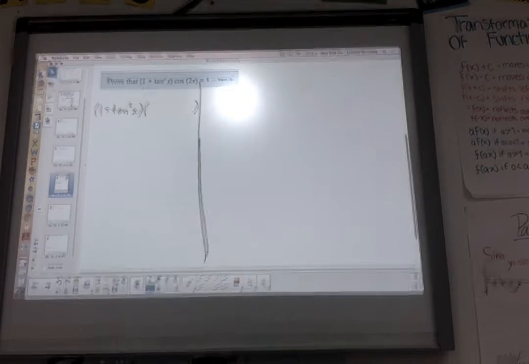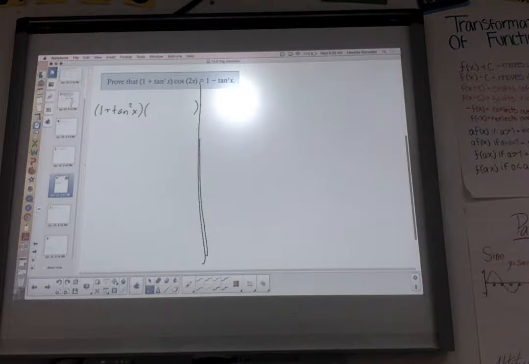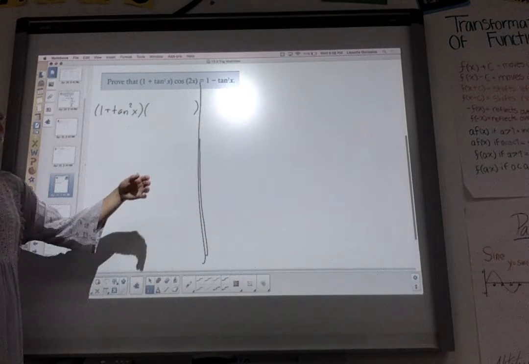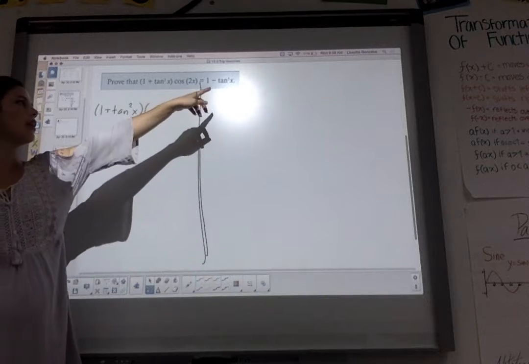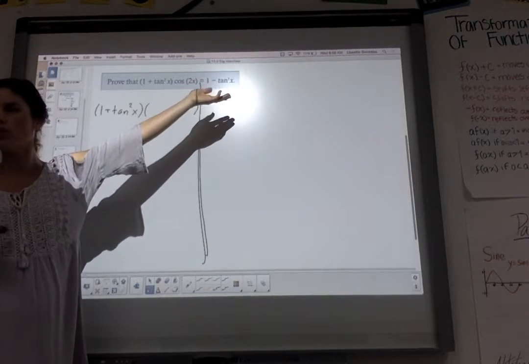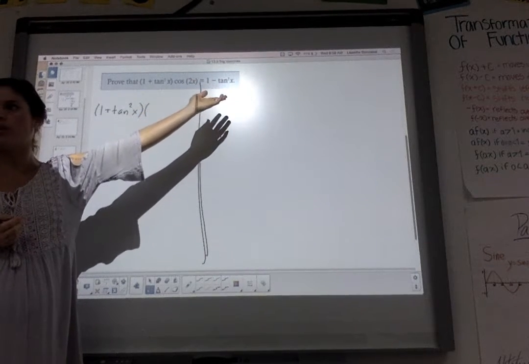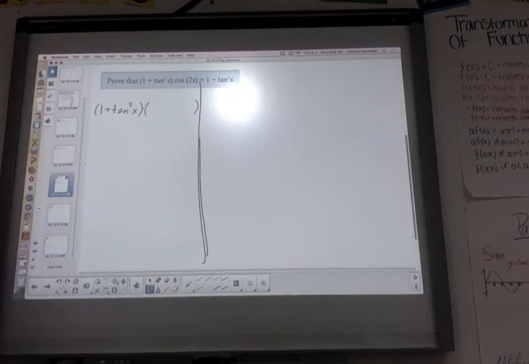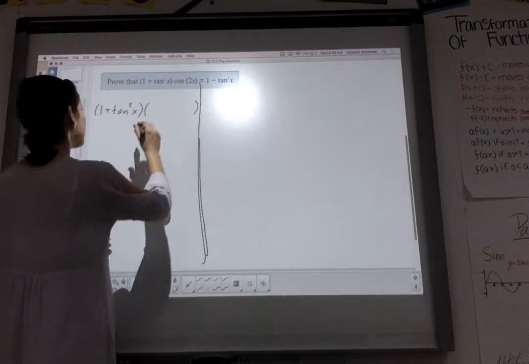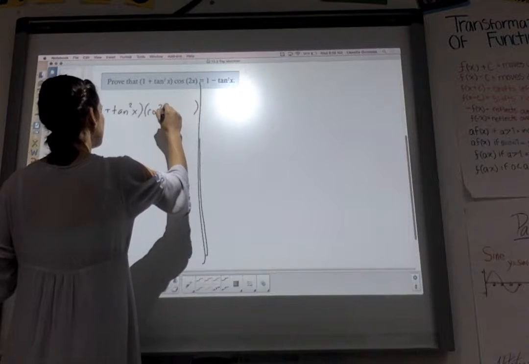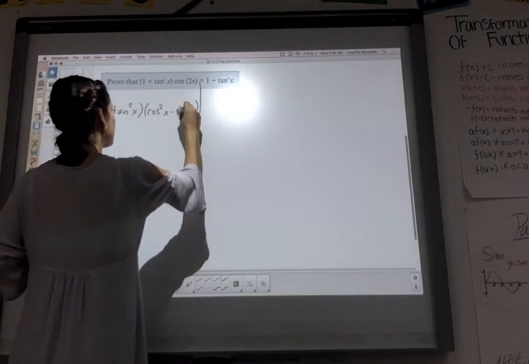A good hint would be to look at what your end goal is. And tan has sine and cosine, right? So cosine squared minus sine squared. Okay. Cosine squared minus sine squared.